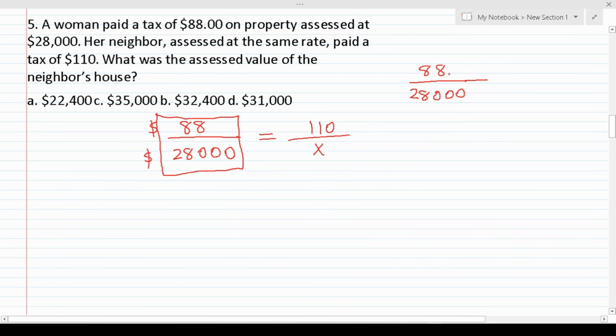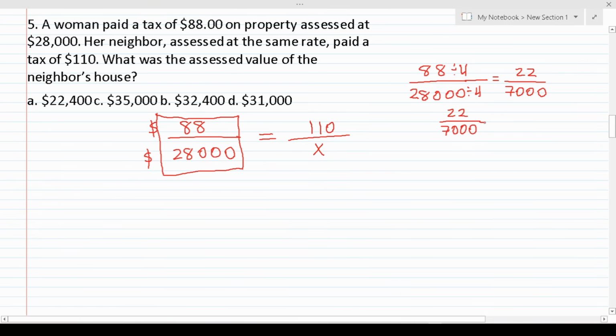I know that this can be reduced by dividing top and bottom by a factor of 4. 88 divided by 4 is 22, and 28 divided by 4 is 7. So all we do is bring these 3 zeros over. I've reduced this a little bit already. Let's see if we can take this even further down.